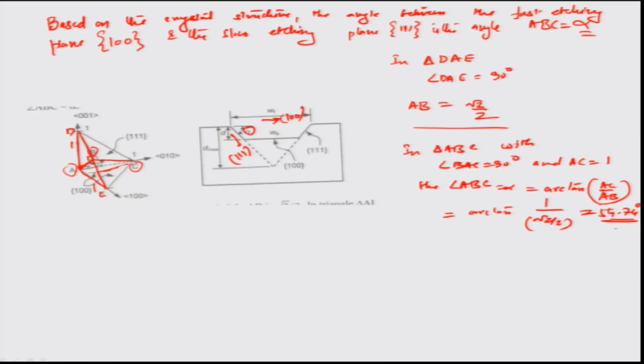So let us now consider the etch rates and the total etch window size. Let us say after 20 minutes, as given in the problem statement, what would happen to the bottom channel width.